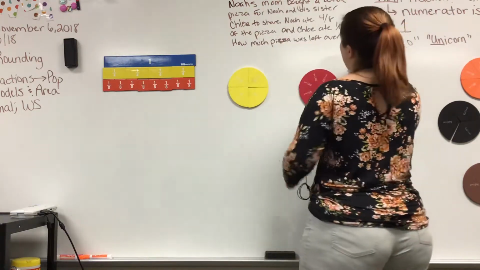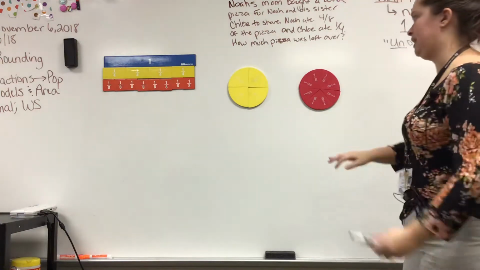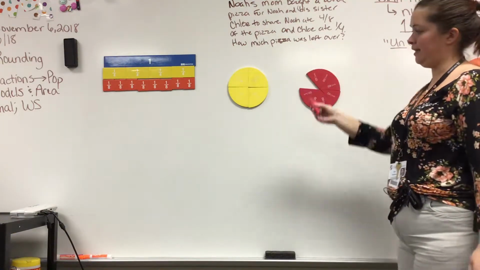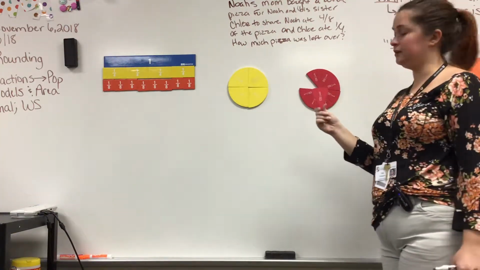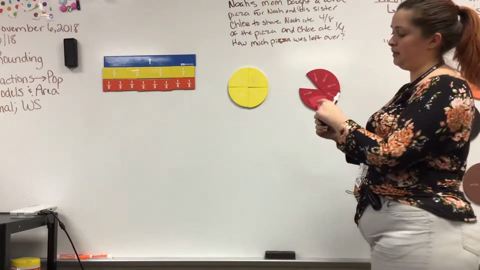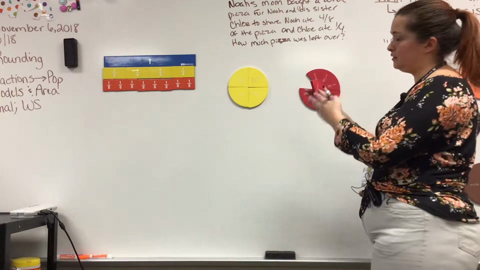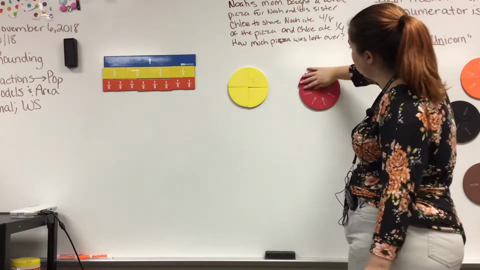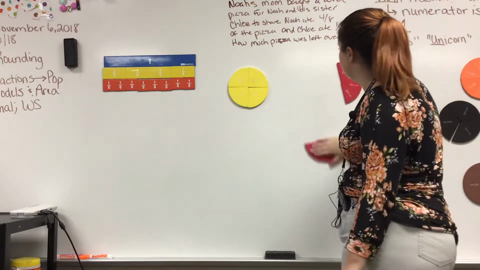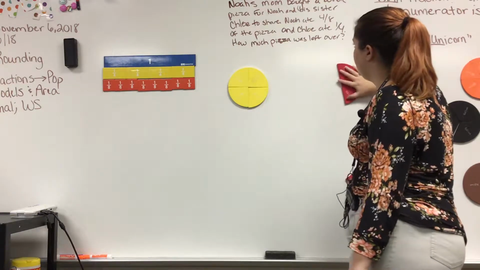Now, as you can see here, 1/8 is a unit fraction, because it shows 1 in the numerator, and it is 1 part. So we have 1, 2, 3, 4/8 of a pizza that Noah ate.